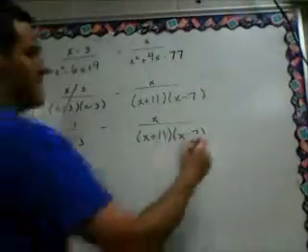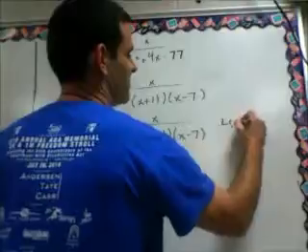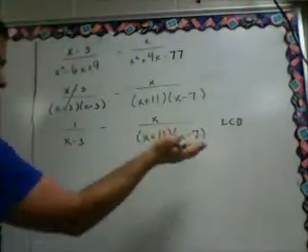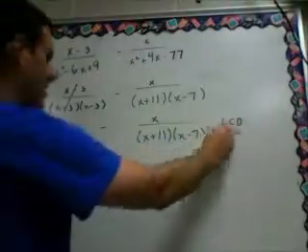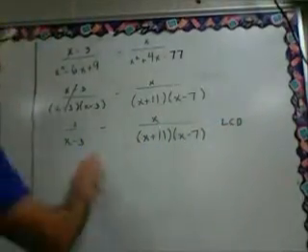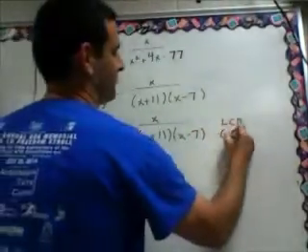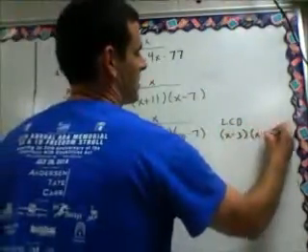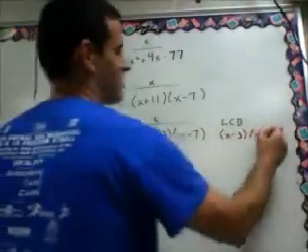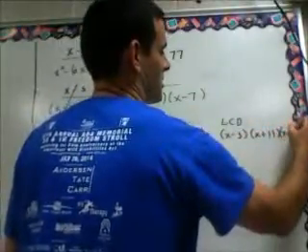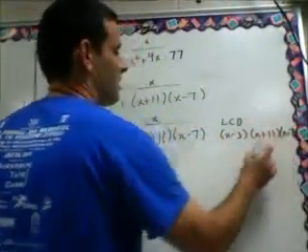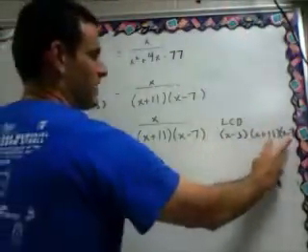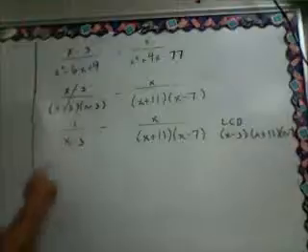Let's do the LCD over here, least common denominator, or LCM, least common multiple of the denominator, whatever you want to call it. So what are all the factors down here? We'll have x minus 3, x plus 11, and x minus 7. Okay? So this fraction needs these two, x plus 11 and x minus 7.